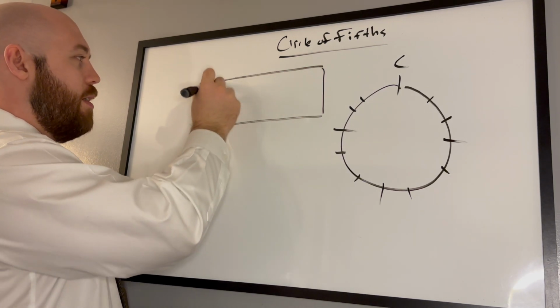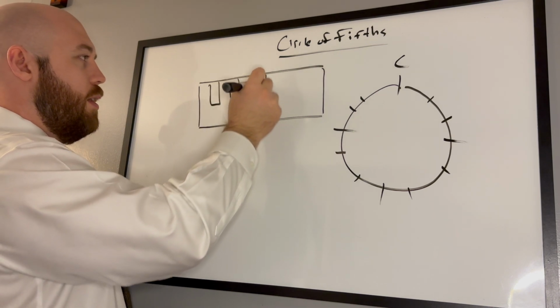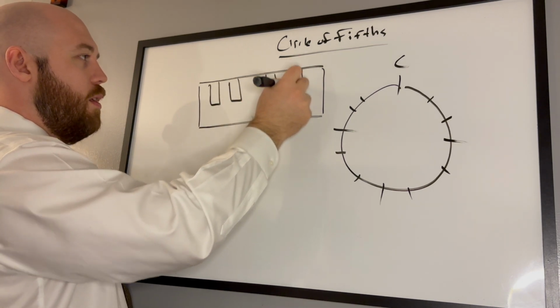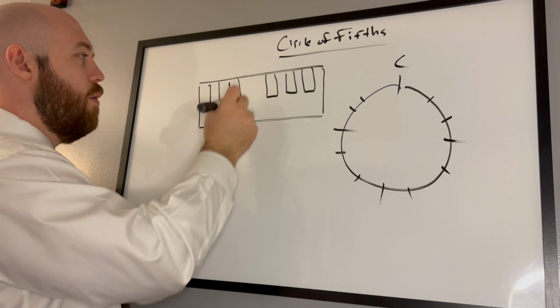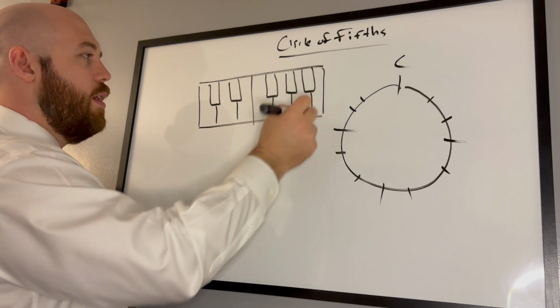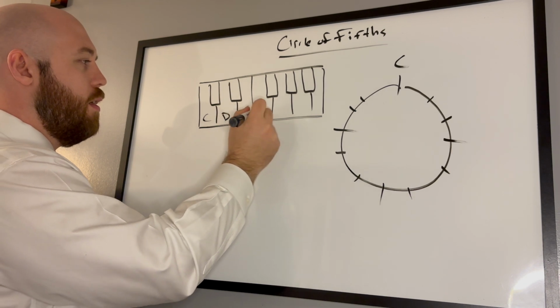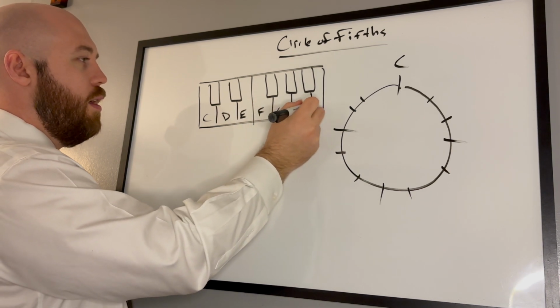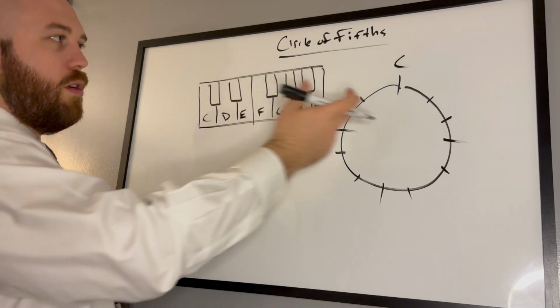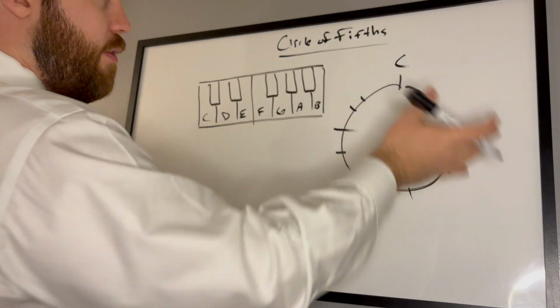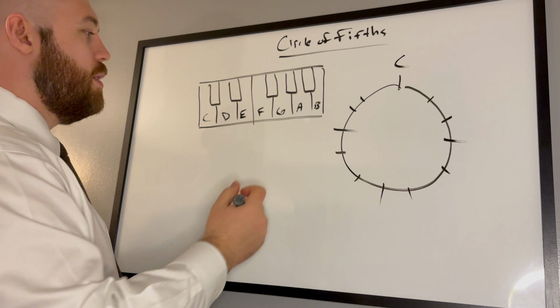Well, just like it sounds, it's fifths away. Easy way to look at it. Let's do it like this. C, D, E, F, G, A, B. Okay? Starting on C. What's a fifth away from C?